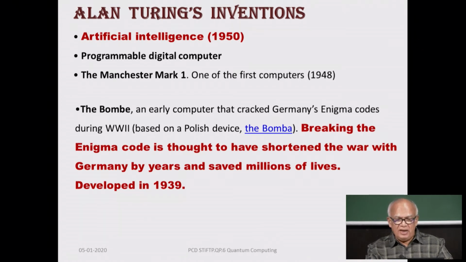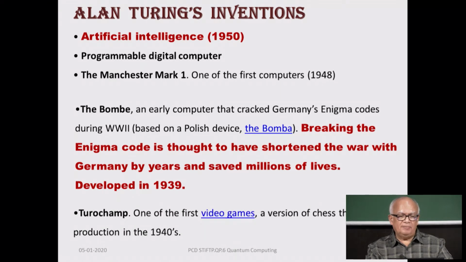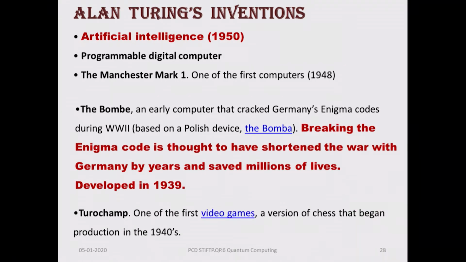So, millions of lives perhaps would have been saved by this. And then of course, he set up many things which started this whole technology of electronics and computers, all right.